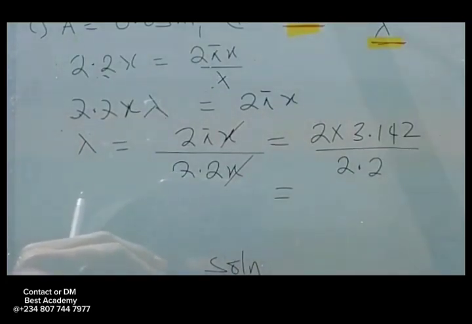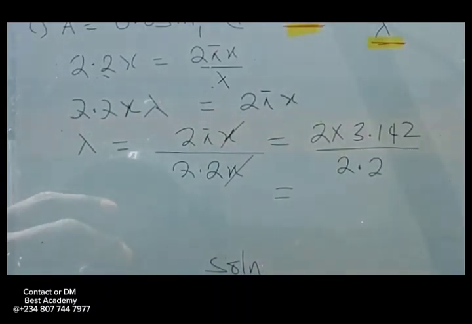Let's get the value here in our calculator. So I have 2 times 3.142, which gives us 6.284. Then 6.284 divided by 2.2.